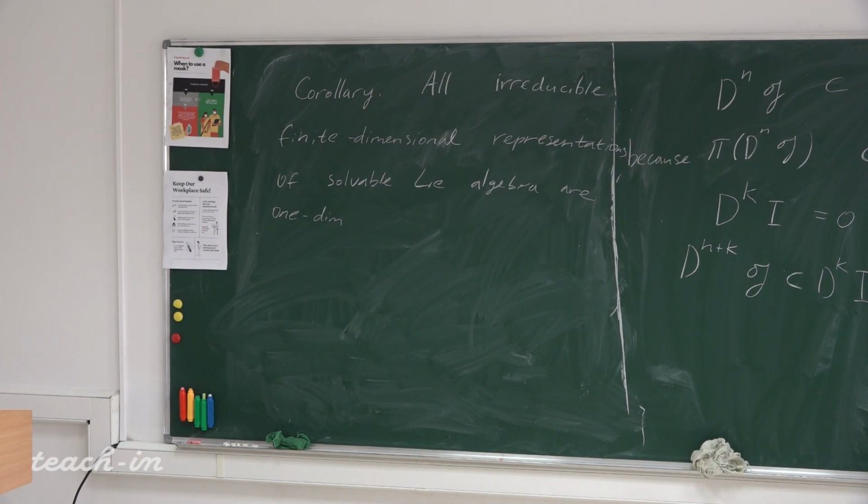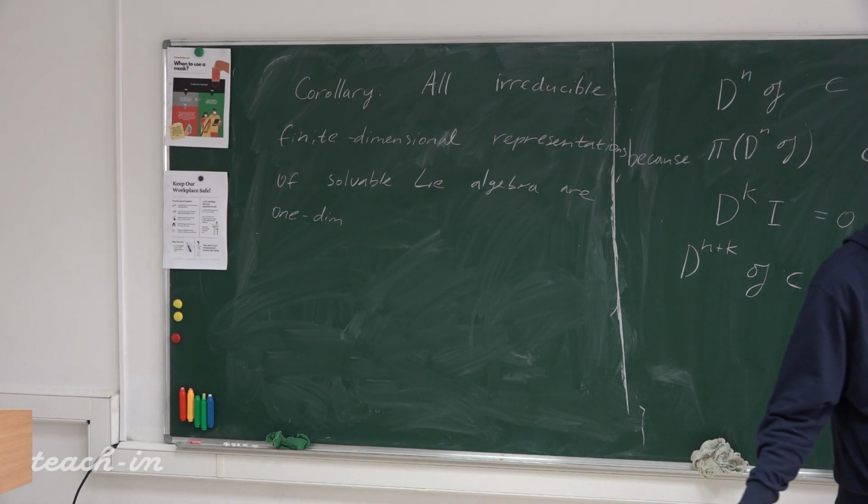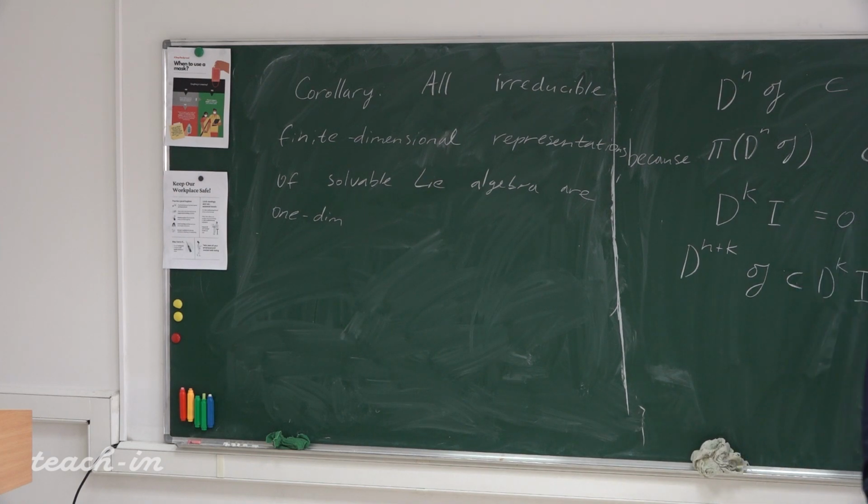So if you have just some representation, suppose it's of dimension greater than 1, then of course, because of this lemma, it has a one-dimensional invariant subspace. So it's not irreducible. So the only irreducibles are one-dimensional.